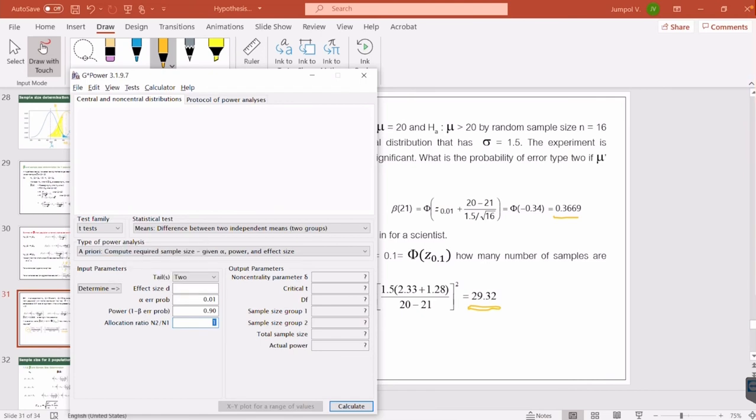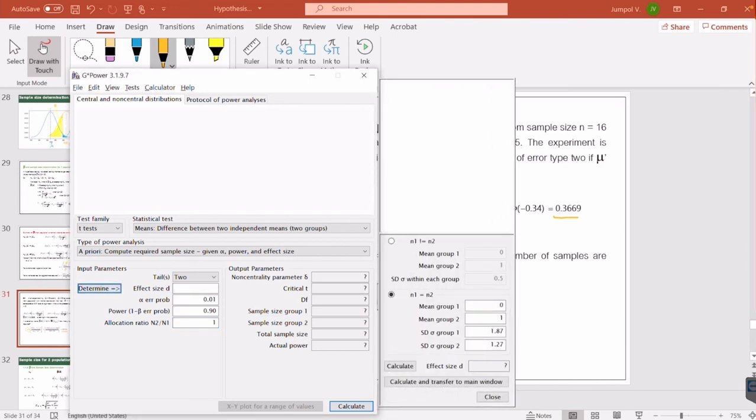The effect size D here can be determined by hitting this button, and it will show the calculation box, and then you have to specify the mean of the first group, which is 20, and the mean of the second group is 21.